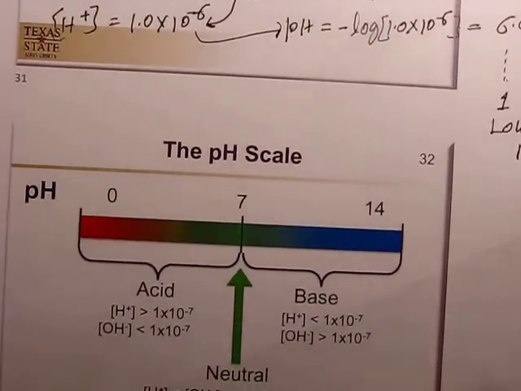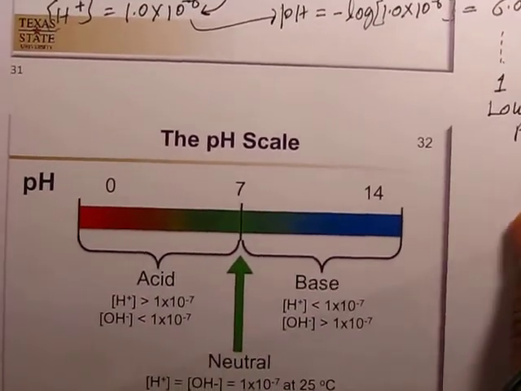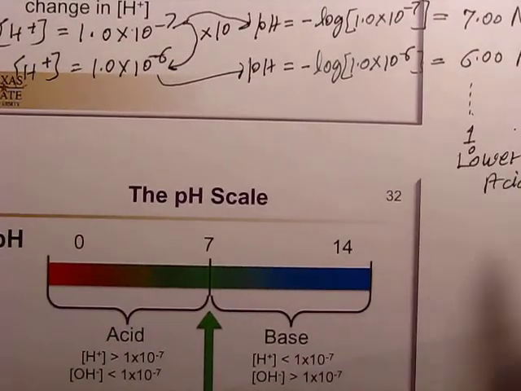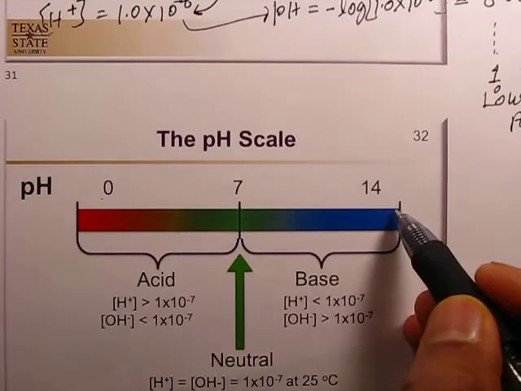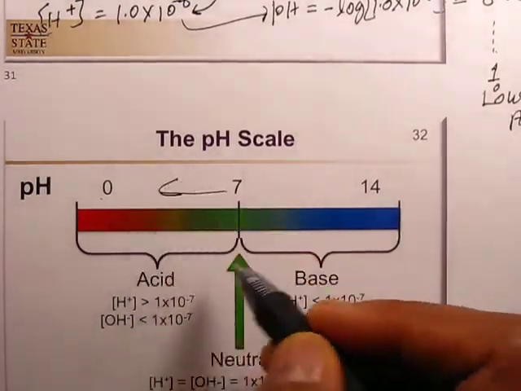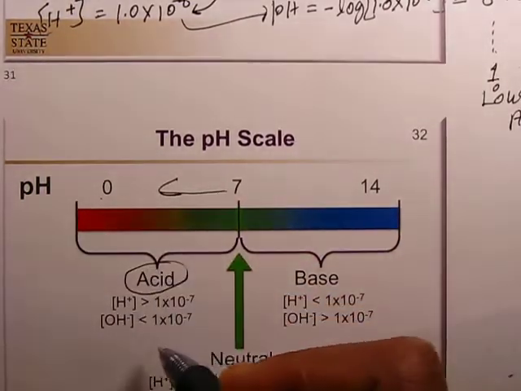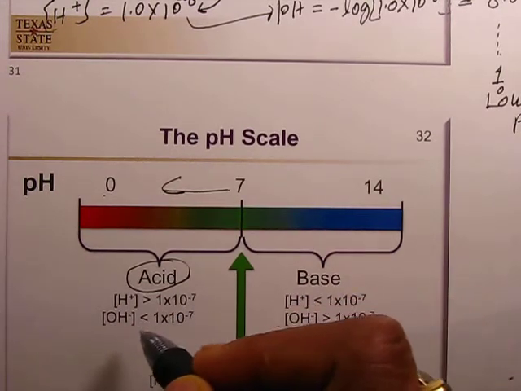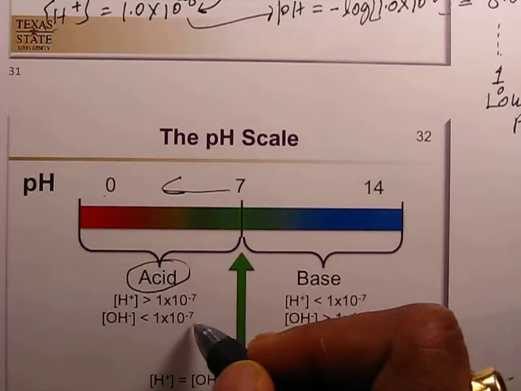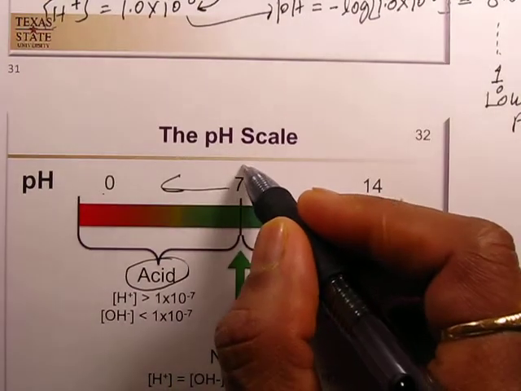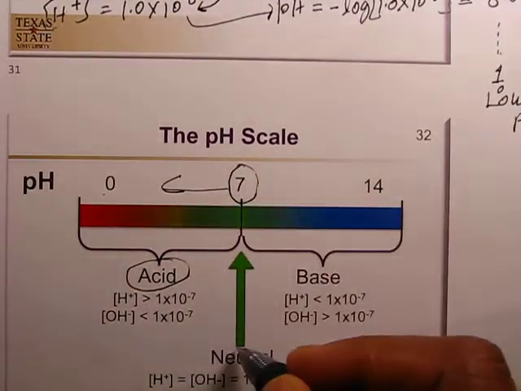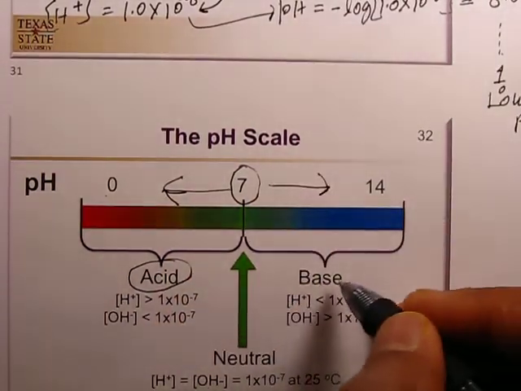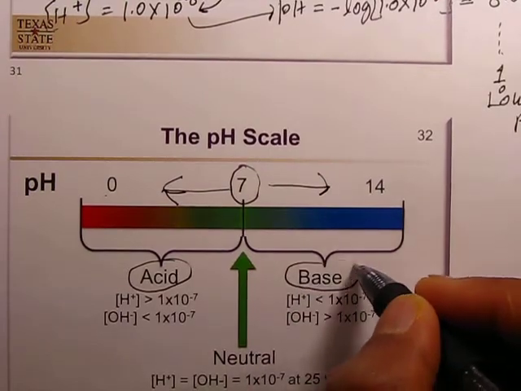If you see the scale of the pH, it would be like this: 0 to 14. Below 7 is acid, with hydrogen ion concentration more than 10 raised to the power minus 7 and hydroxyl ion concentration less than 10 raised to the power minus 7. pH 7 means a neutral solution, and pH above 7 is considered a base.